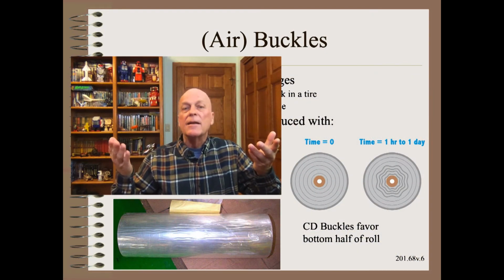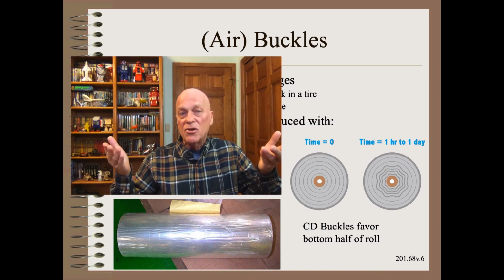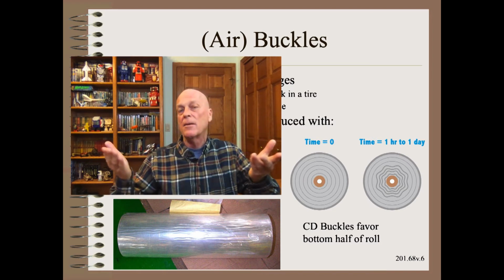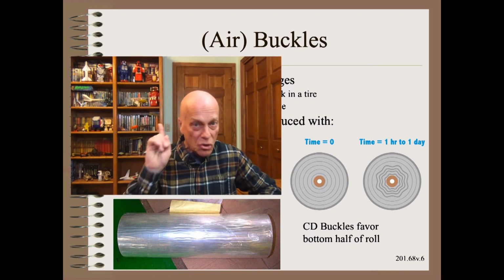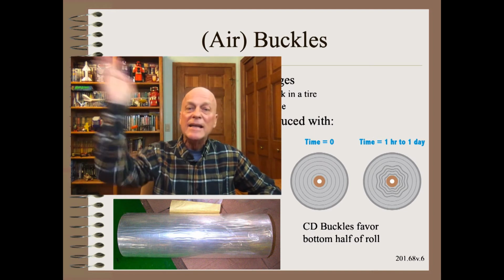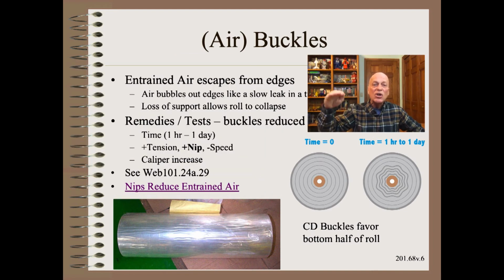In any case, the appearance is somewhat unique as shown in the picture of the roll and the schematic at the end of the roll. Still, to be sure, we list tests to make sure that we have the correct subcase, in which case air is entrained during winding and air escapes out the end with time.